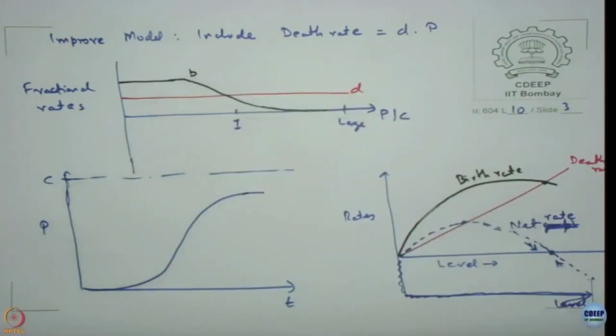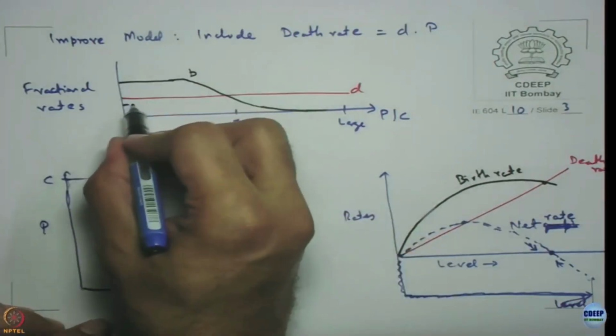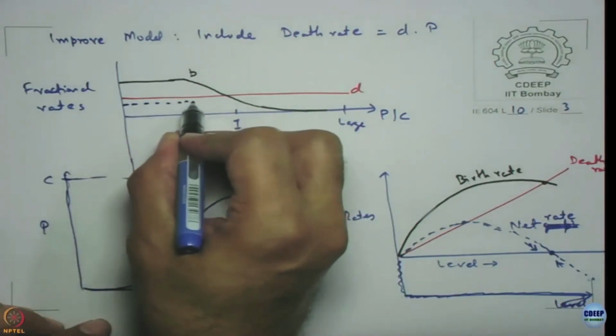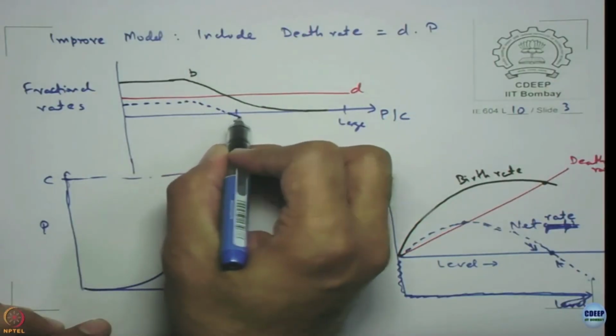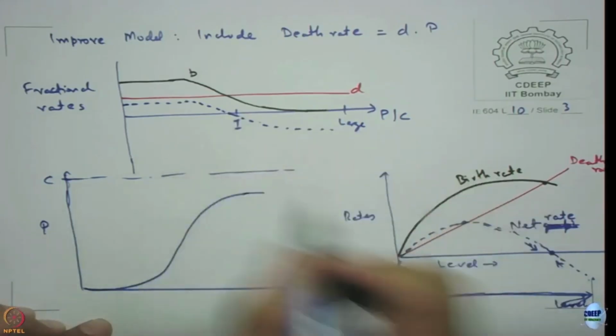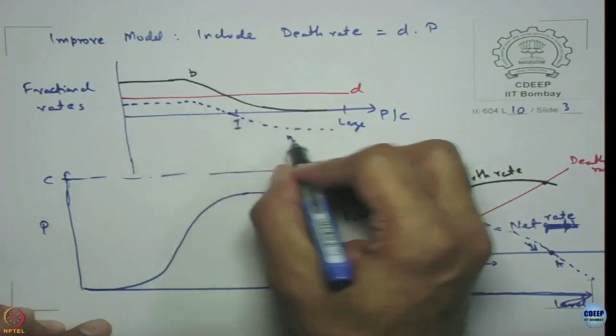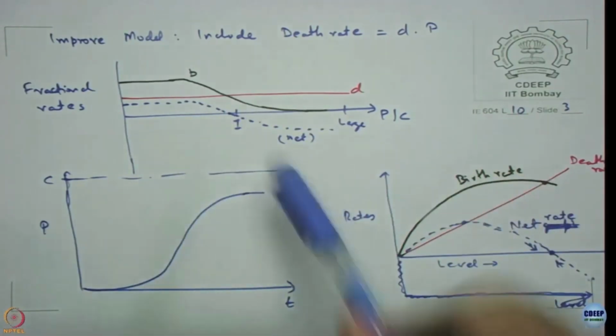So, if you assume that as the B, then the net rate, this minus this, is probably somewhere here, and at this point it starts to reduce and intersect somewhere. So, this becomes your net fraction.